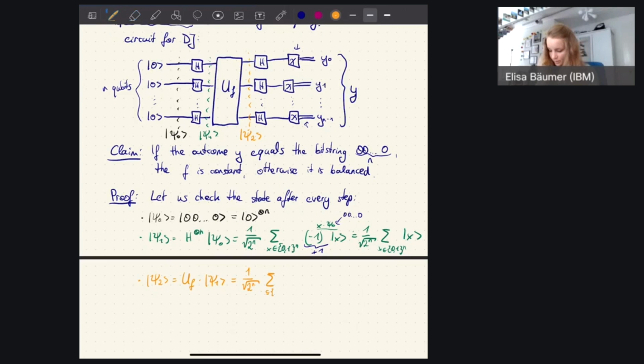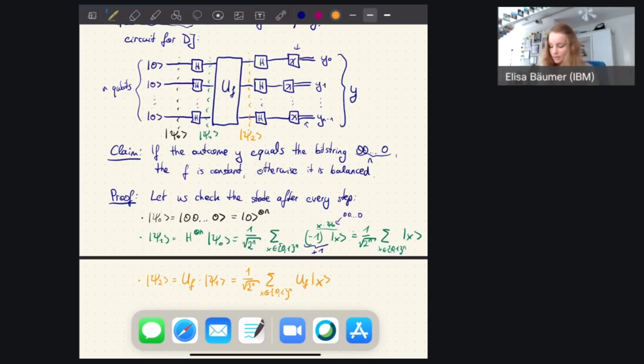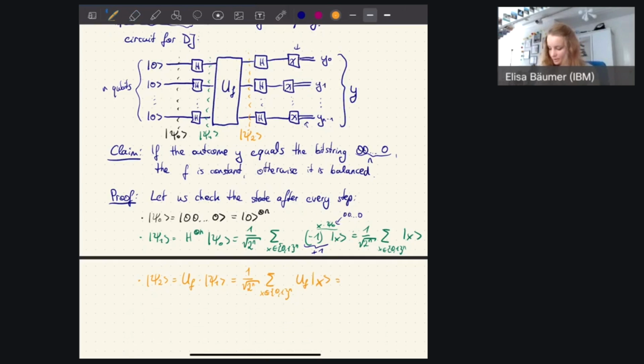We have the sum over all x in 0, 1 to the power n, and then UF applied to x, because this is clearly linear, just a matrix multiplication. And what we learned is that UF applied to x just gives us the phase. It's a phase oracle, so it will just give us -1 to the power f of x, times x.